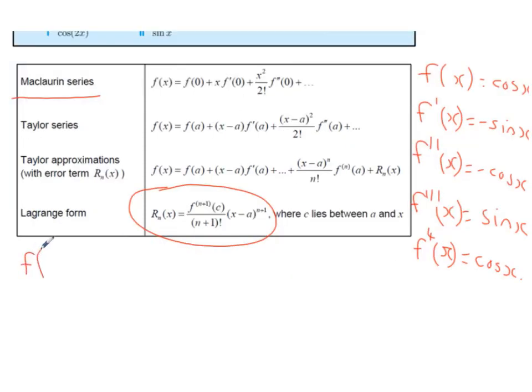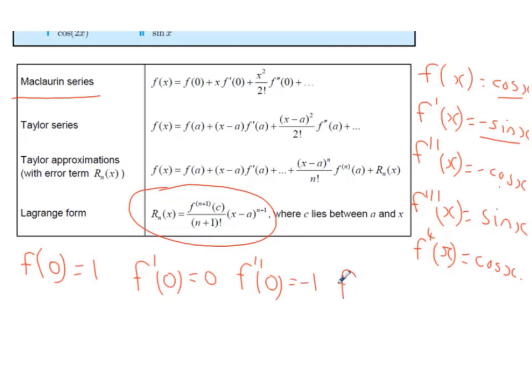So f of 0 is just cos of 0, because f of x we said was cos x. Cos of 0 is 1. F dashed 0, or f dashed x, is minus sine x. Sine 0 is 0, so minus sine 0 is also 0. F double dashed 0 is going to be minus cos 0, so cos 0 is 1, so it's going to be minus 1.